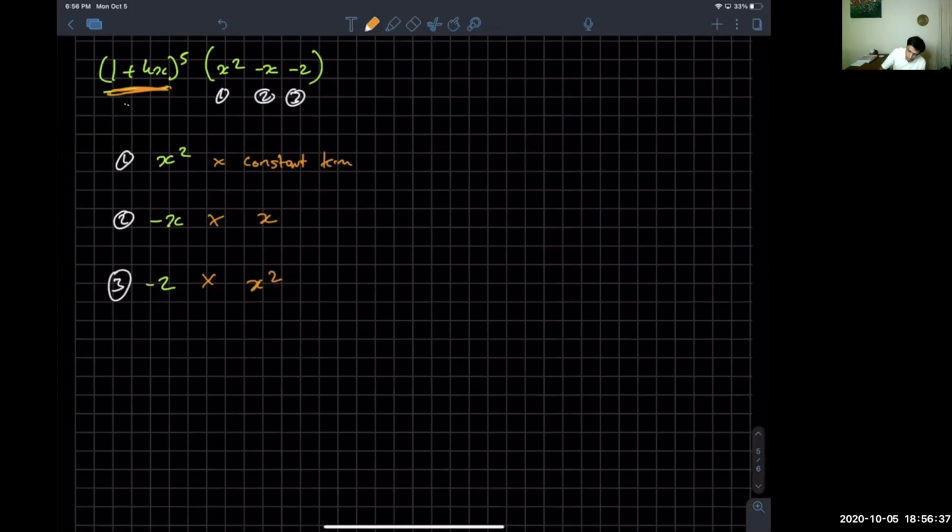So we need three terms from this expansion over here: the constant term, the x term, and the x squared term. Then we take the general formula again. What's the general formula? Okay, that's the general formula.